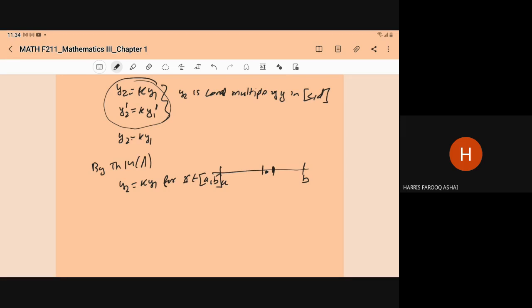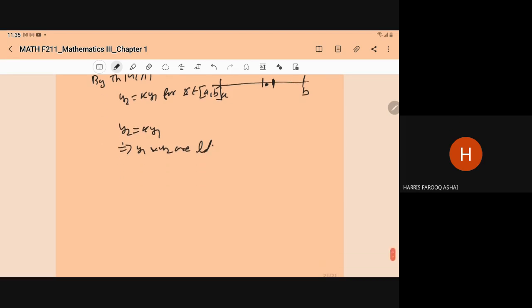They are unique for the interval (a, b) also. So y2 is a constant multiple of this. It implies y1 and y2 are LD, implied by Wronskian equal to 0.